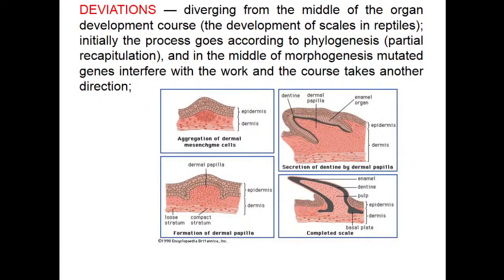Next, deviation means diverging from the middle of the organ's development course. An example is the development of scales in reptiles. Initially the process goes according to phylogenesis, with partial recapitulation, and in the middle of morphogenesis mutated genes interfere with the work and the course takes another direction.